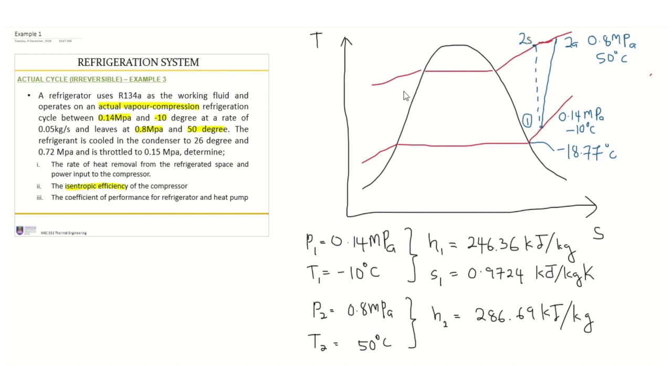Okay, so we just go directly to state number 3. Okay, then the refrigerant is cooled in the condenser to 26 degrees and 0.72 megapascal.